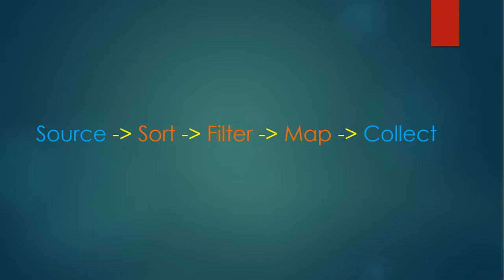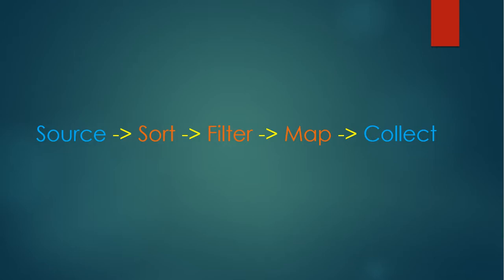But using the stream, we can do the same thing more effectively with a minimal amount of coding, meaning a minimal number of lines. It also makes our code look cleaner, and it avoids a lot of the boilerplate coding that we do whenever we use traditional for loops.